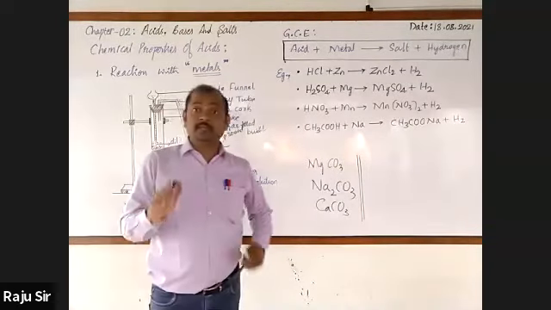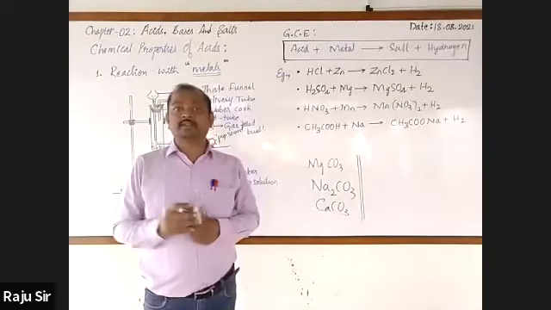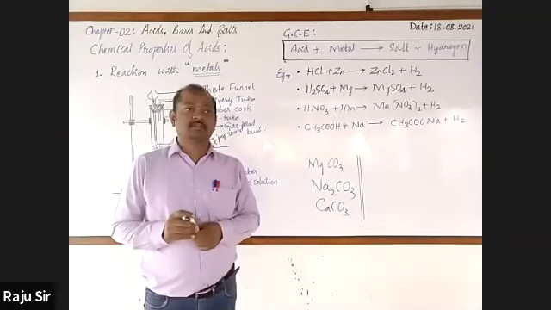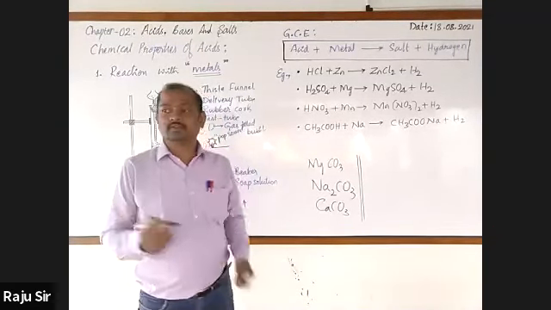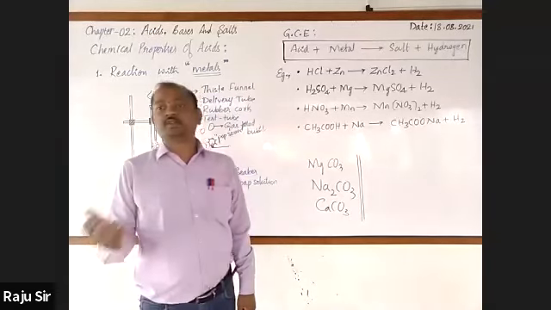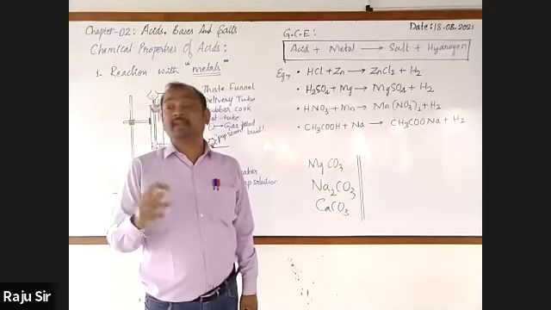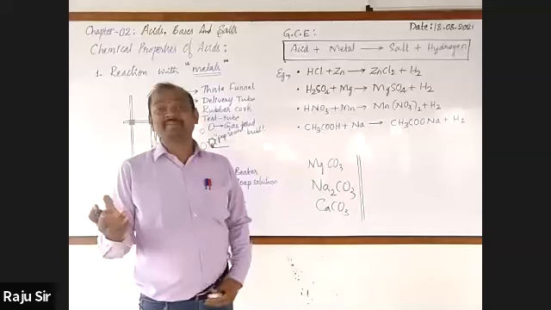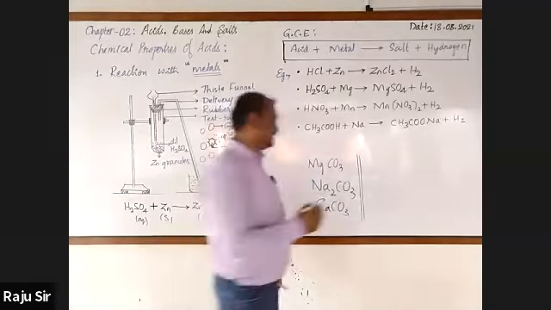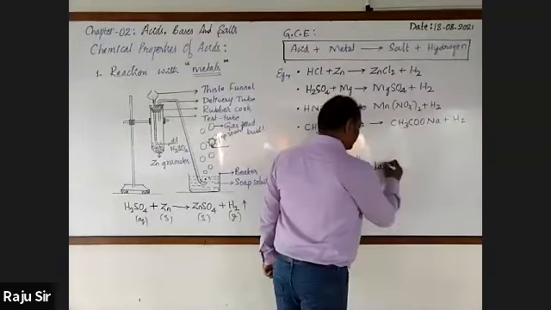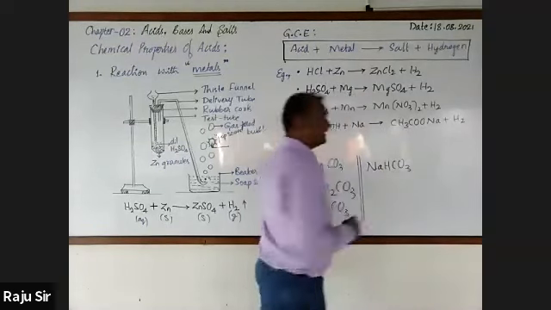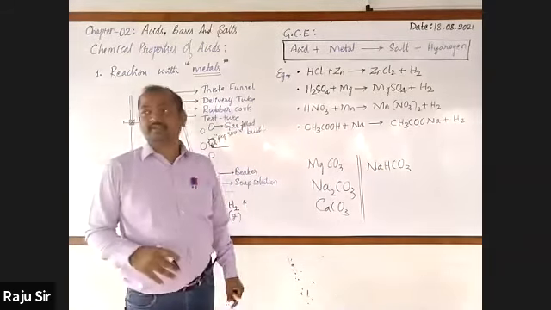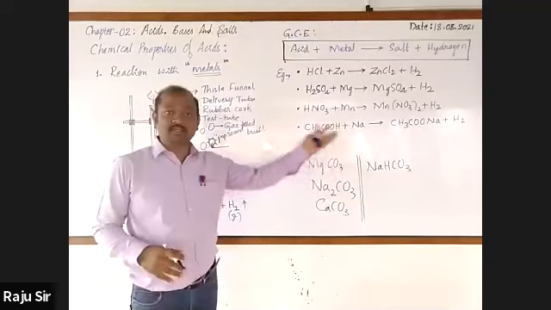Similarly, one of the metal bicarbonates used as an antacid is baking soda, NaHCO3, sodium bicarbonate, also called sodium hydrogen carbonate.